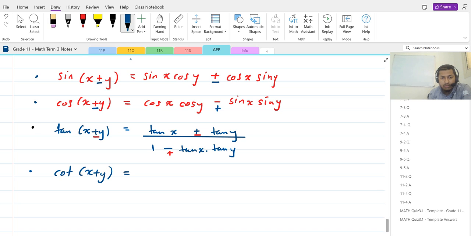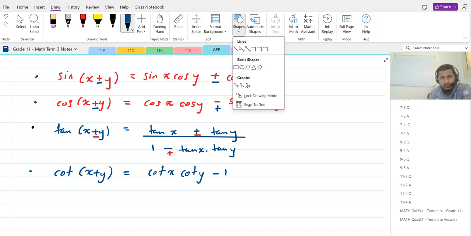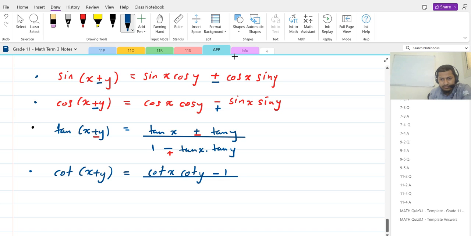cot x cot y minus 1 over cot y plus cot x. Right, now the plus goes with the plus at the bottom, right?